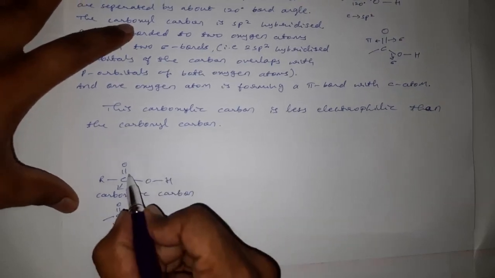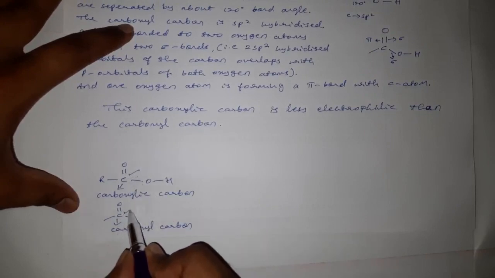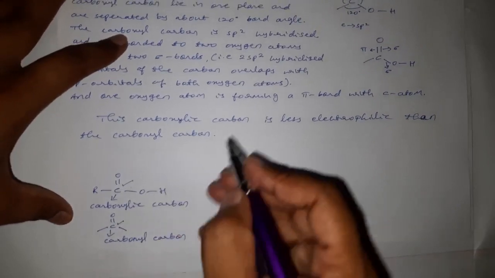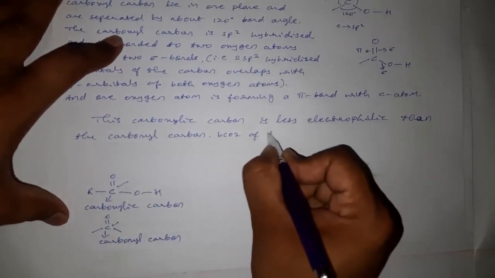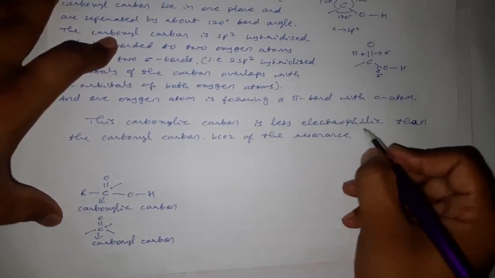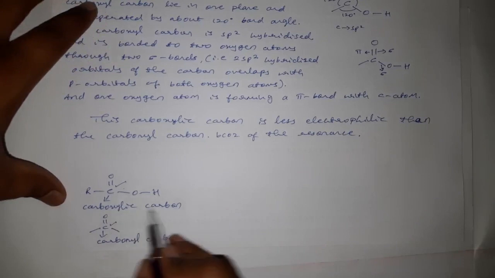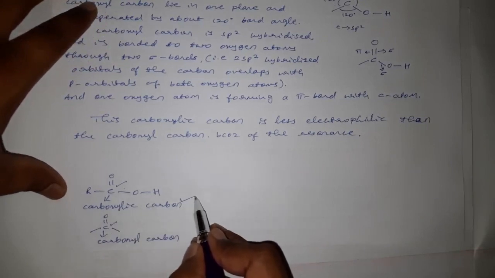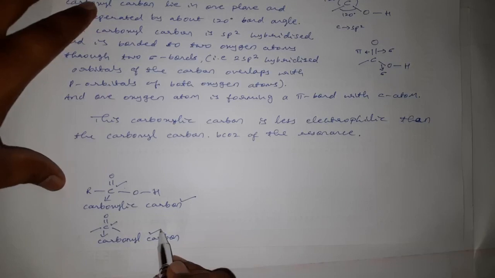They are telling that this carbon is less electrophilic as compared to this carbon, that is the carbonyl carbon. Why? Because of the resonance. It is very important. Because of the resonance which is present in carboxylic acid and which is not present in a carbonyl carbon singly.